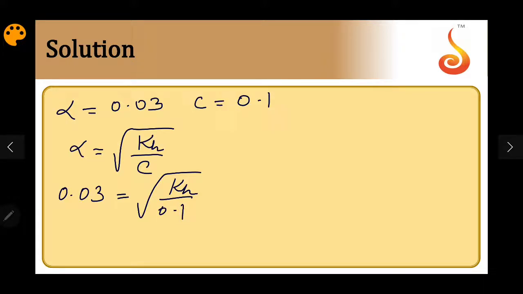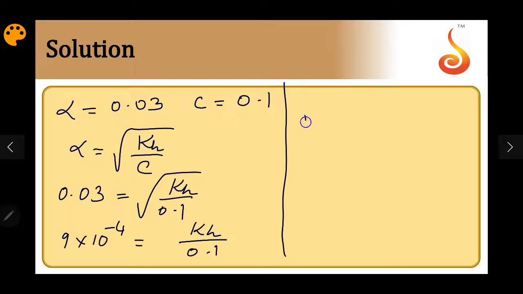Square both sides. This will be 0.03 square, means 9 into 10 power minus 4, is equal to KH by 0.1. So what do I get for KH? KH is equal to 9 into 10 power minus 5.